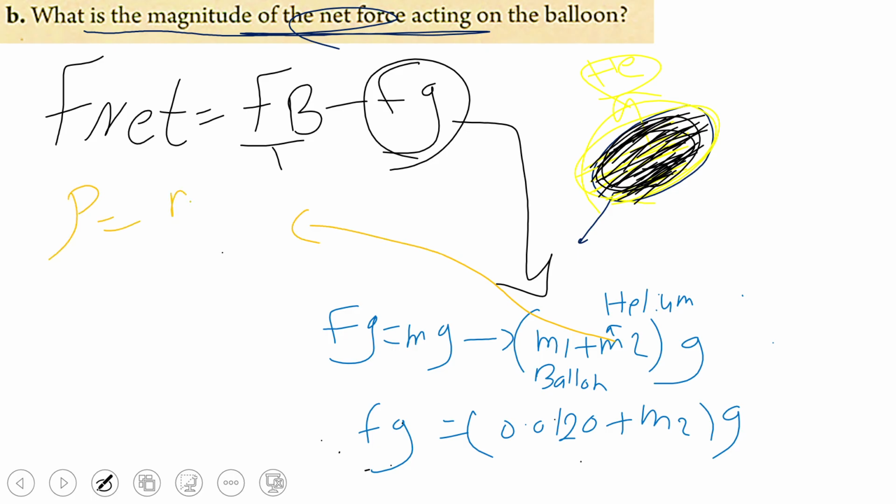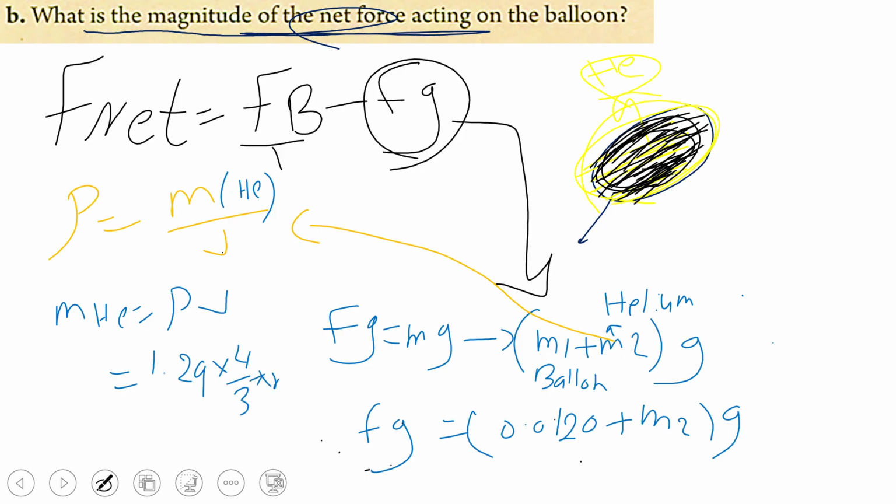So now how can we find the mass of the helium? According to this rule, the density was mass over volume. So we want to find the mass of the helium. The mass of the helium equals density times V. The density of the helium is 1.29, times the volume, 4 over 3 pi r power 3.